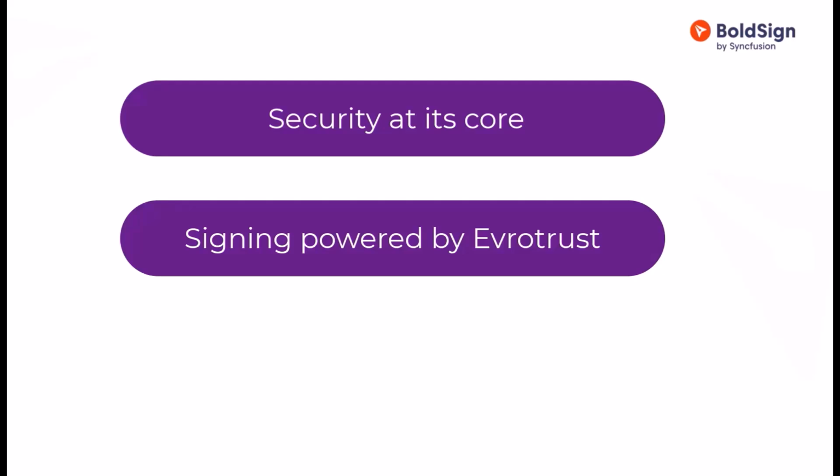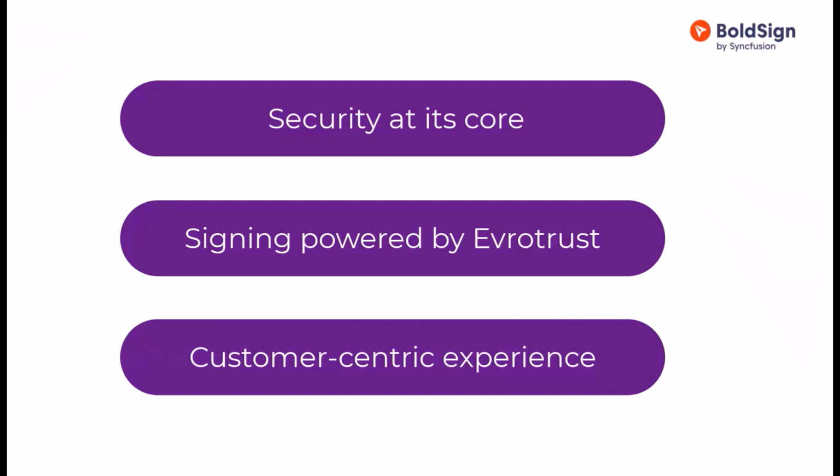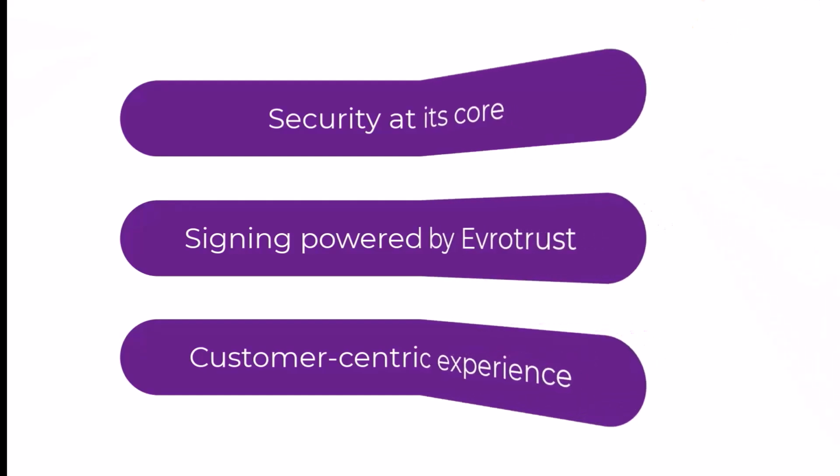This scalable integration enables organizations to add QES capabilities with minimal disruption to existing workflows and user experiences. This creates a frictionless, user-friendly experience, allowing users to complete secure QES signing quickly from anywhere at any time.